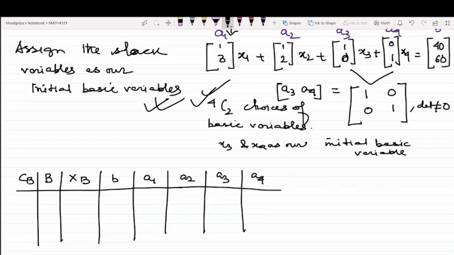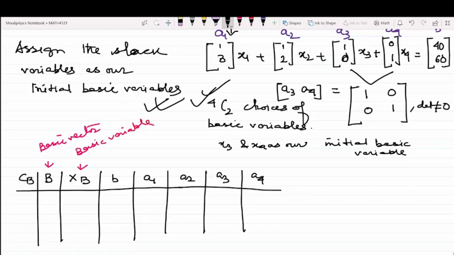Acha. What is capital B? Capital B is the basic vector. And what is XB? XB is the basic variable.